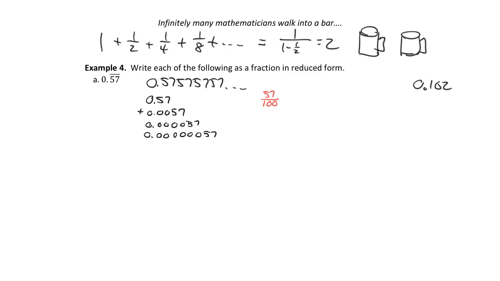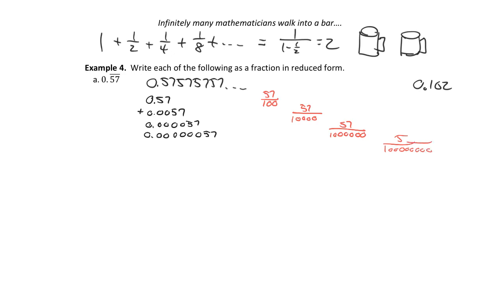The second one is 57, what would that be? That would be 10 thousandths. The next one would be 57, well, it's going to be 1 millionth, I believe. And then 57 over 100 million.